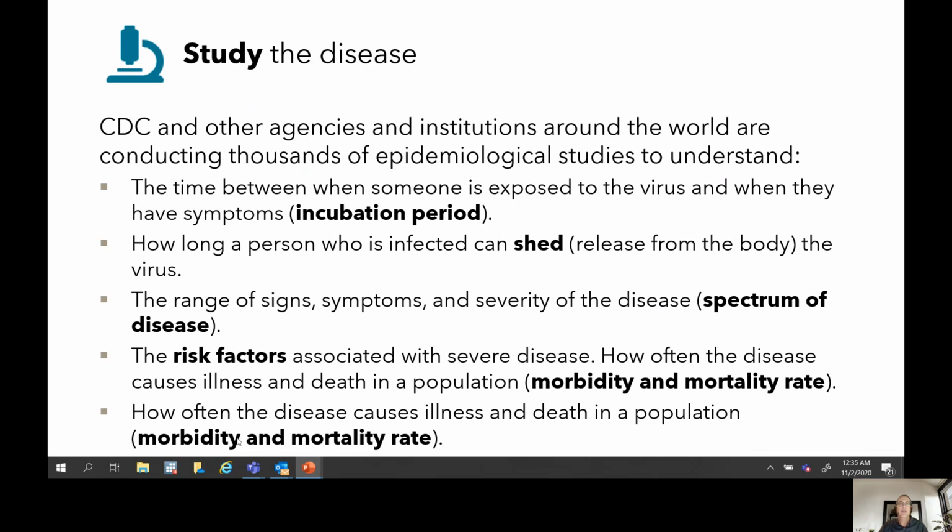So you're looking at rates of death and illness in a population, where the denominator is the population.